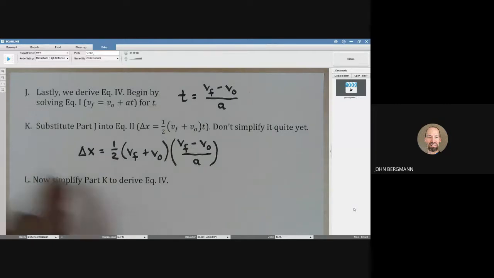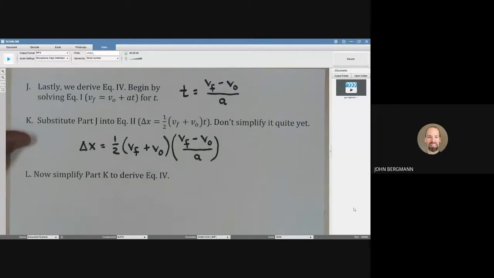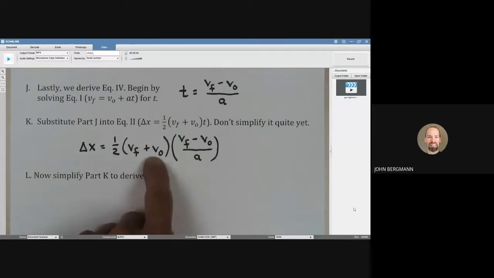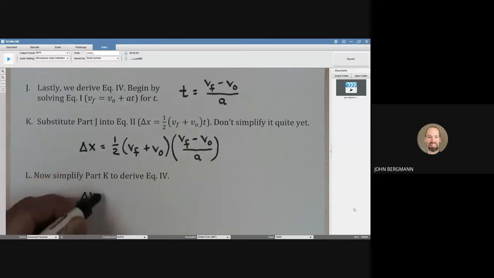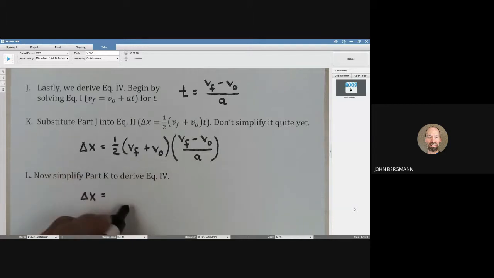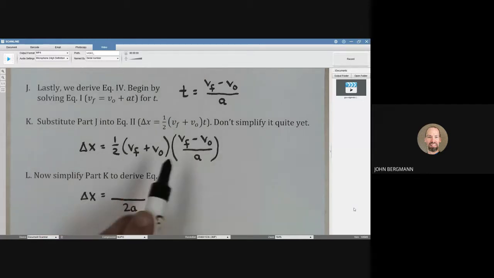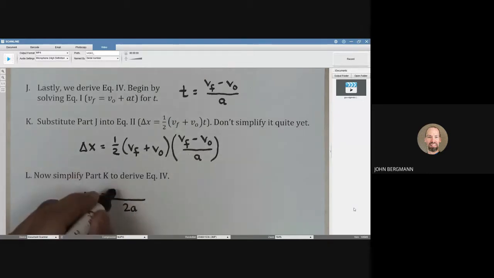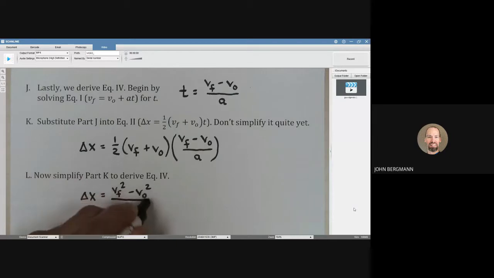And now, letter L, we want to simplify this. Let me rewrite my delta x. We've got a 2 in the denominator, and an A in the denominator, so let me put those there. And then VF plus V naught times VF minus V naught, hopefully you learned in your math class, can be simplified to VF squared minus V naught squared.